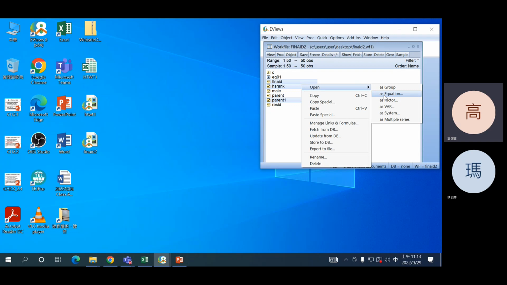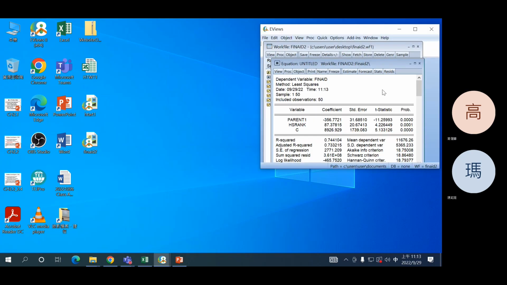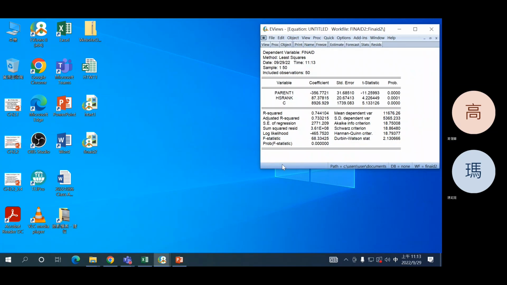Open it as an equation. Then this is the output. So how does that change? From 0.36, which is just 2 decimal places, now it is times 1,000.